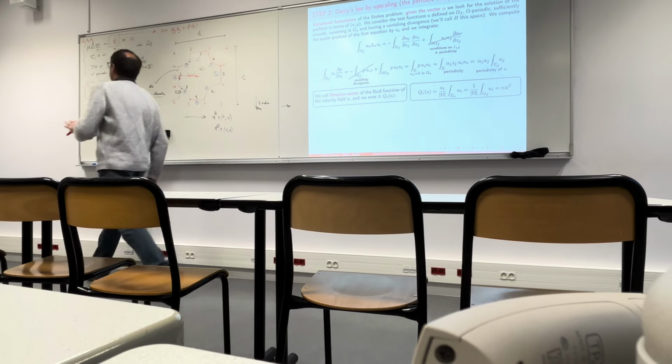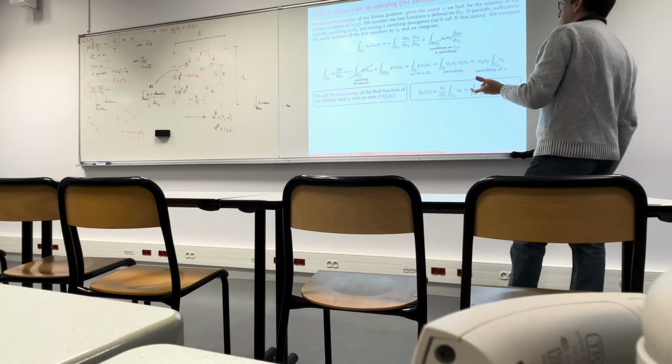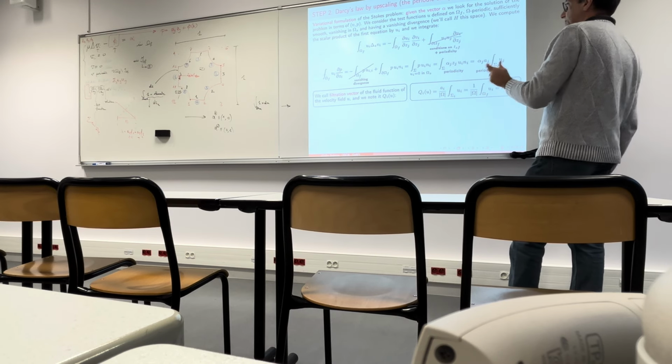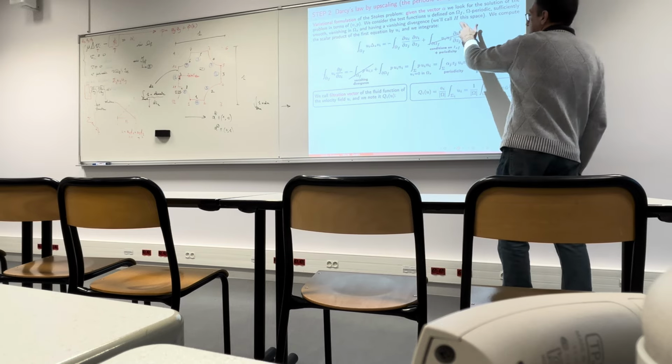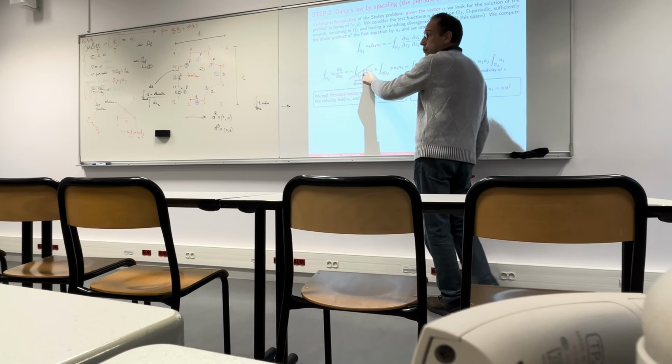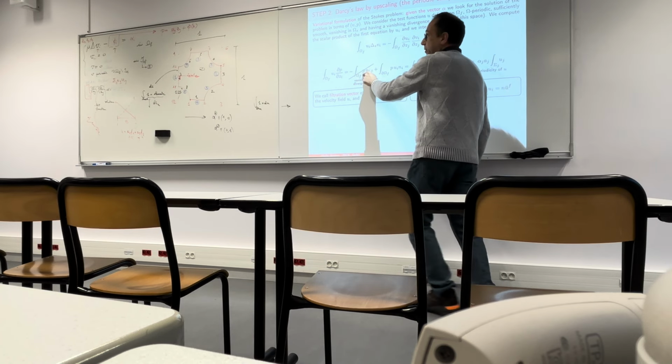If you remember, this hypothesis of playing with a set of trial and test functions staying in this space allowed us to eliminate every contribution related to pressure, which in this case is phi.